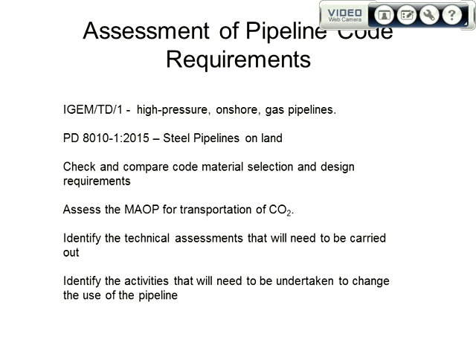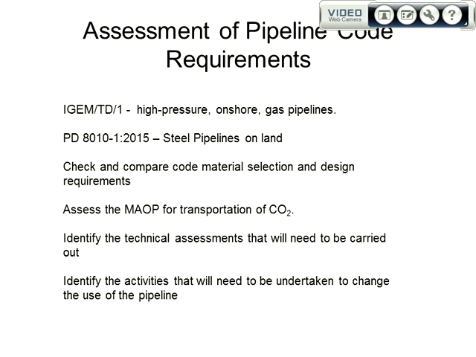For most things that should be fairly straightforward, because both TD1 and PD8010 in the UK allow you to comply with the pipeline safety regulations, so there are no major conflicts between them. What you'll find is that there's more detail in some aspects in one code versus the other.